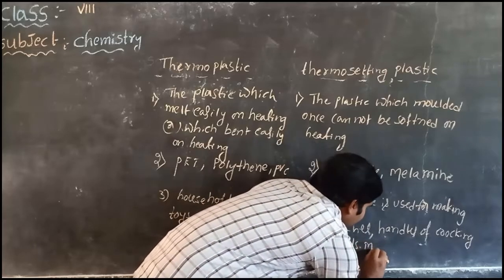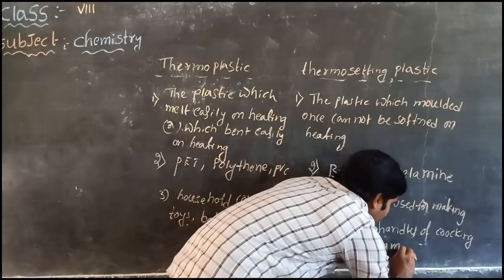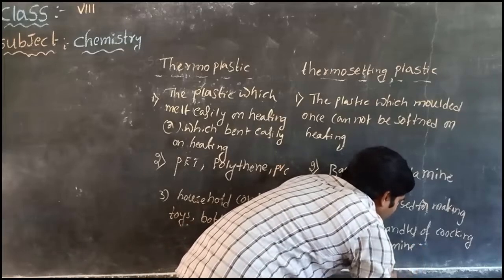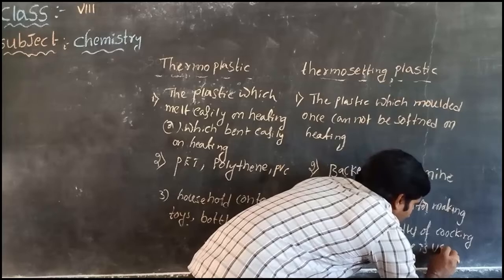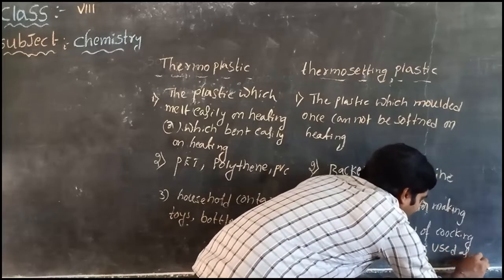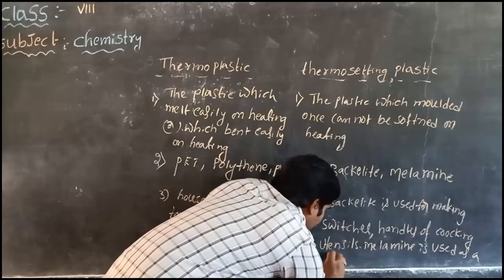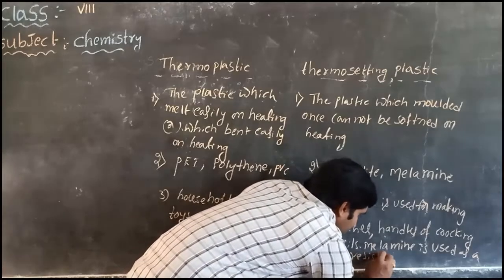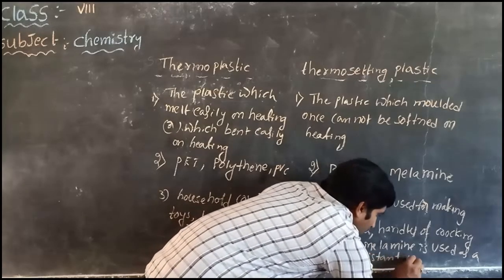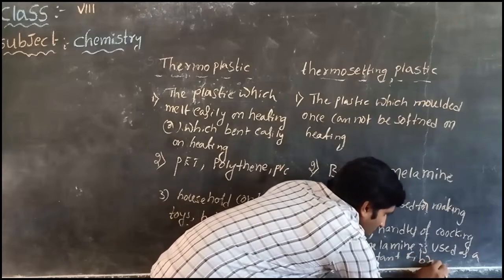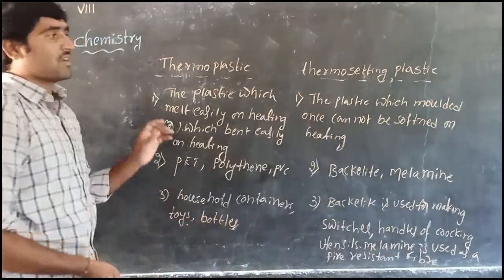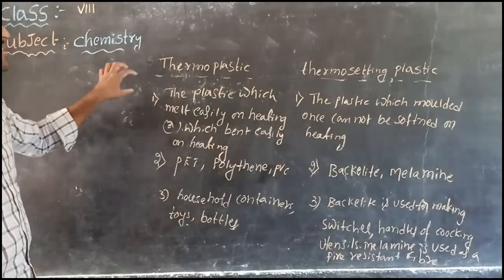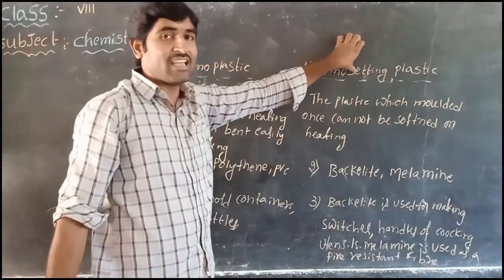And melamine is used as a fire resistant fiber. Understood children? These are some differences between thermoplastic and thermostatic plastic.